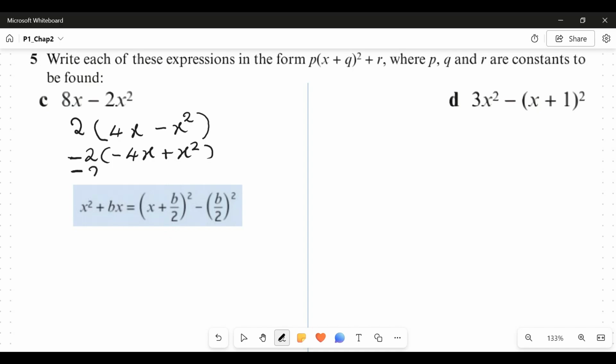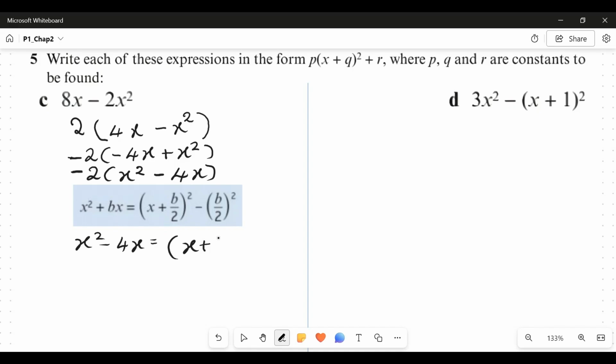Let's try and rearrange that a bit so that the x square is in front, and here we have x square minus 4x. All right, now we can use the completing the square formula on x square minus 4x. So x square minus 4x can be written as x plus b over 2. The value of b is minus 4.